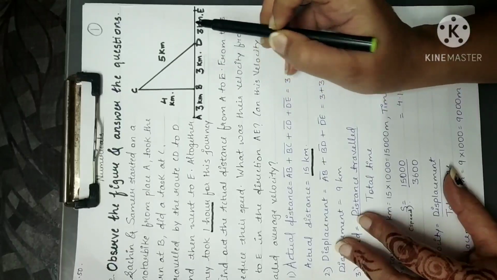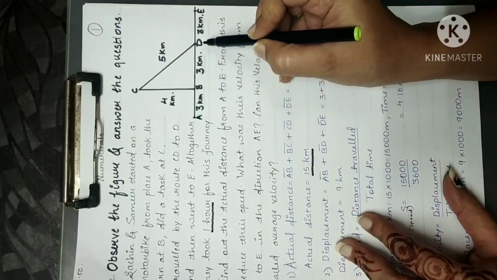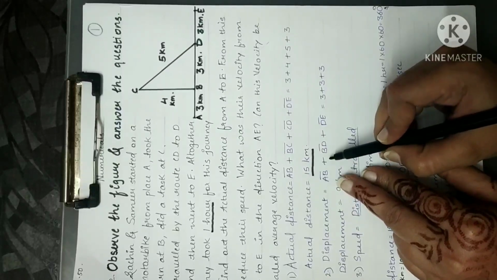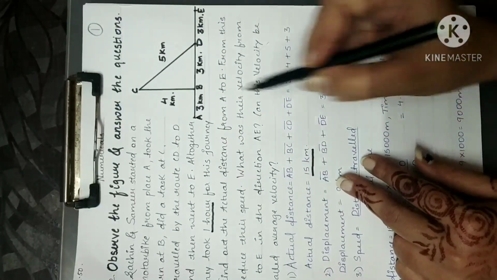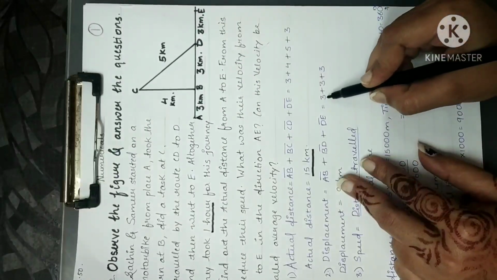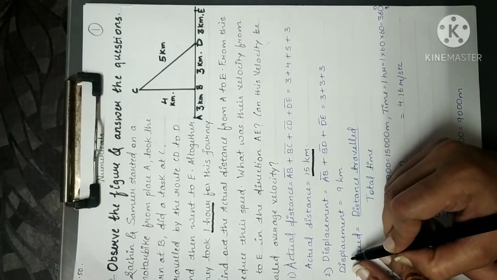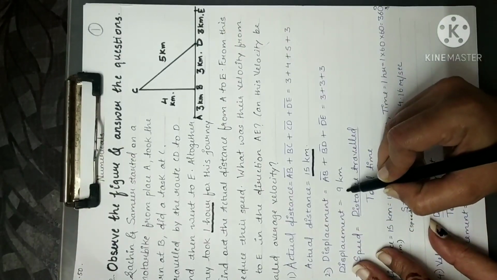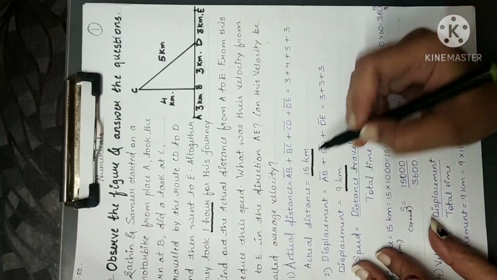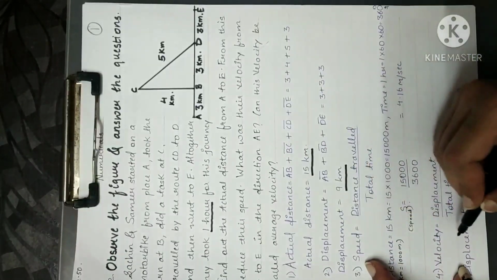So, displacement is equal to AB plus BD plus DE, that is 3 plus 3 is 6, plus 3 is 9. So, total 9 kilometer. Children, distance and displacement we already got. These values we can use to find out speed and velocity.